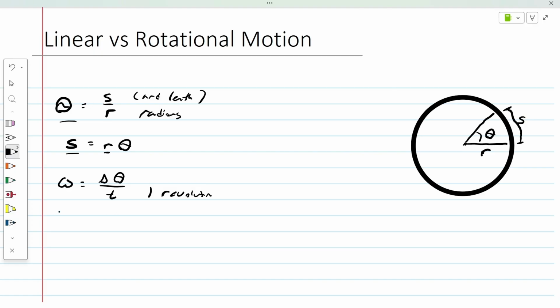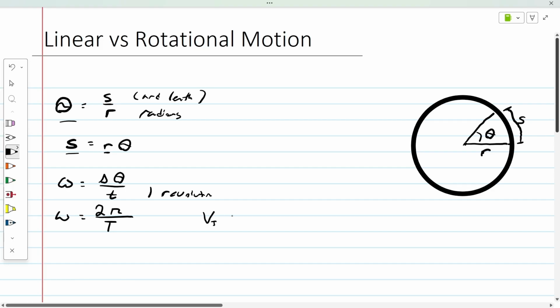As we learned before, if you go around the circle 1 time, the amount of degrees or radians is just 2 pi. And the time to go around 1 revolution, if you remember from circular motion, is just the period. So that's what we have for the angular velocity.